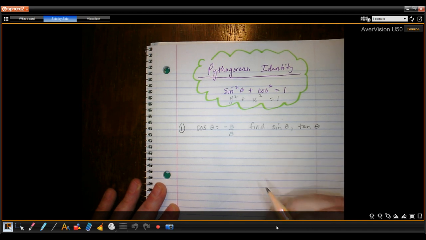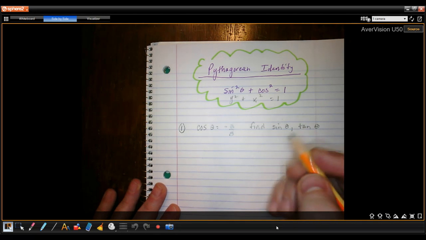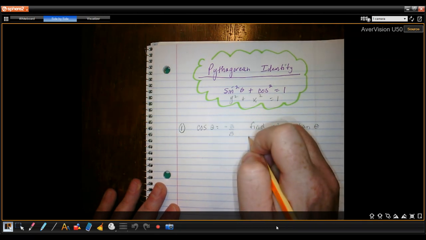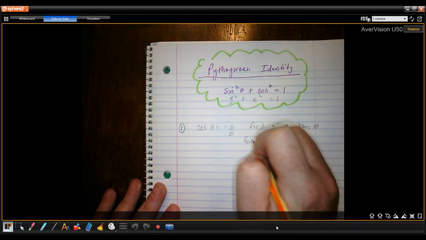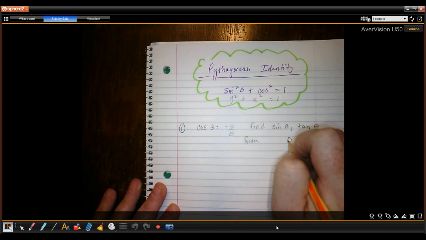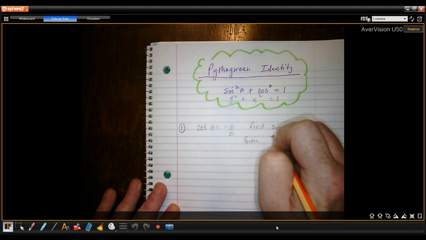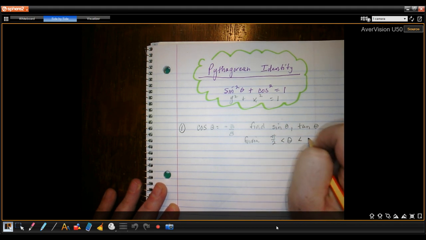But it's also going to tell you, because think about cosine: if you go to the right, x is positive, and x is negative when you go to the left, because x on the coordinate plane. So then it's going to tell you, given that theta is between pi halves and pi.